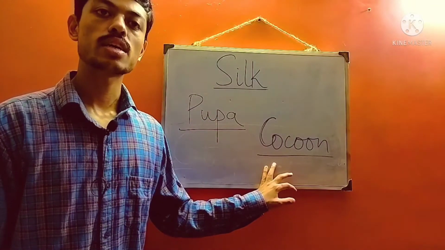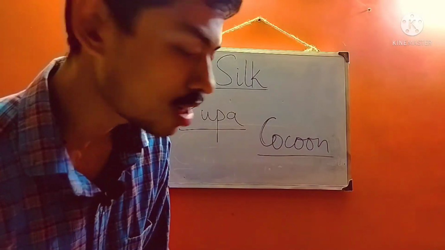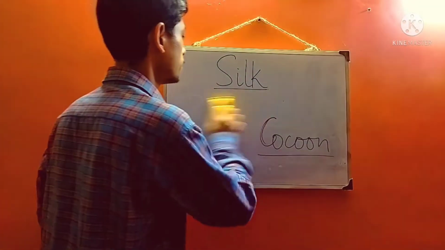So, how does the life cycle go? The life cycle goes like this.